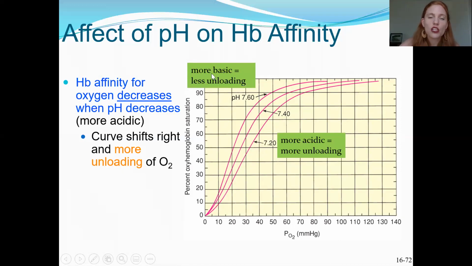As you go to the left, you're going to have a stronger affinity. The hemoglobin holds on to it more, which means you'll have less unloading of oxygen to the tissues. Okay, so more acidic, more unloading, more basic, less unloading. Okay, so that's the first one.